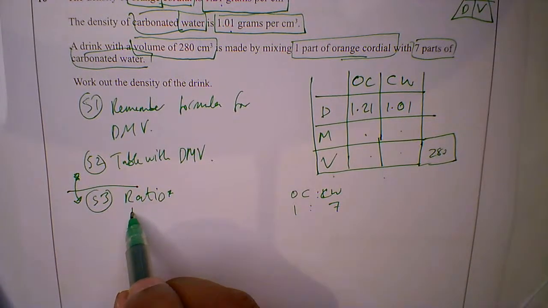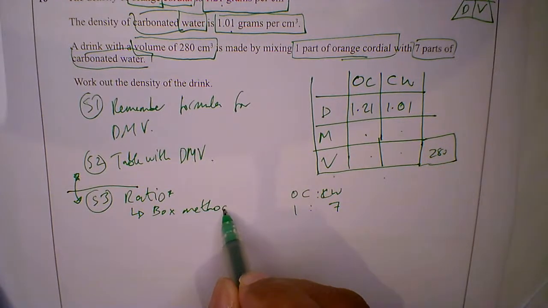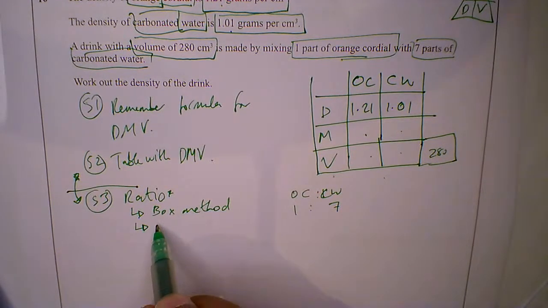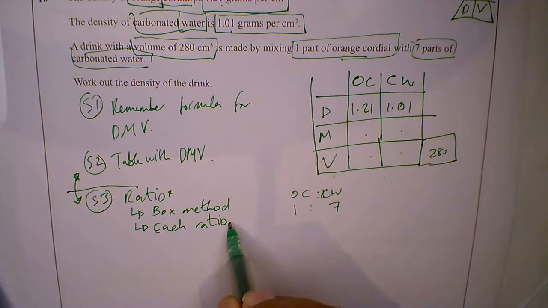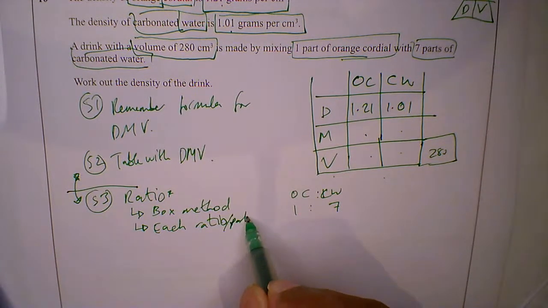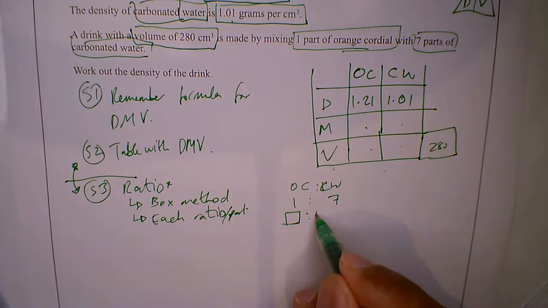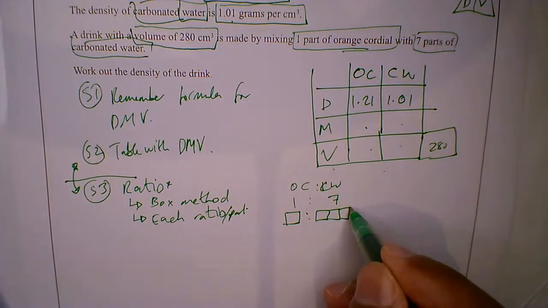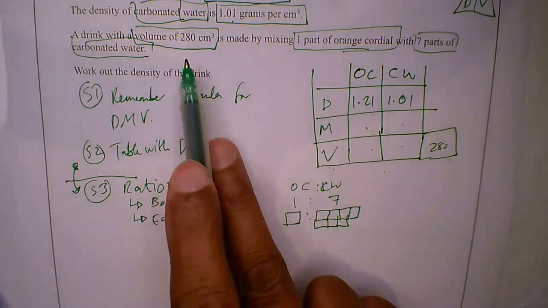So how do we do ratio? I'm going to use my box method, and from the method, I'm going to find out each ratio or part. So 1, 2, 3, 4, 5, 6, 7 parts. And my volume is 280.